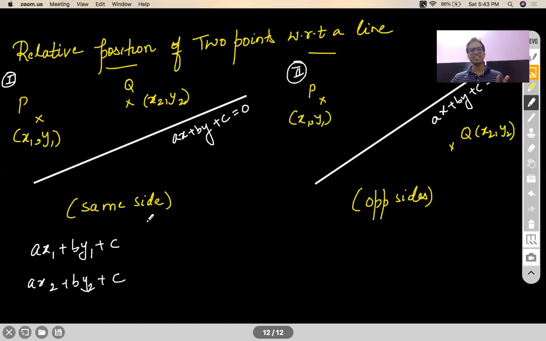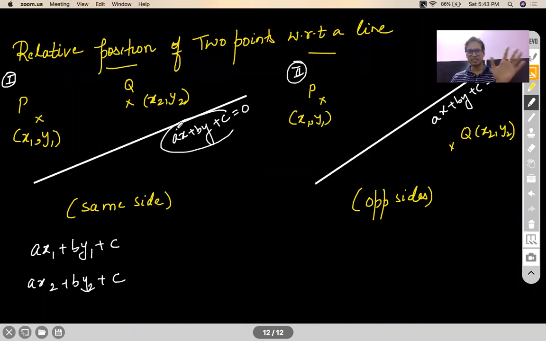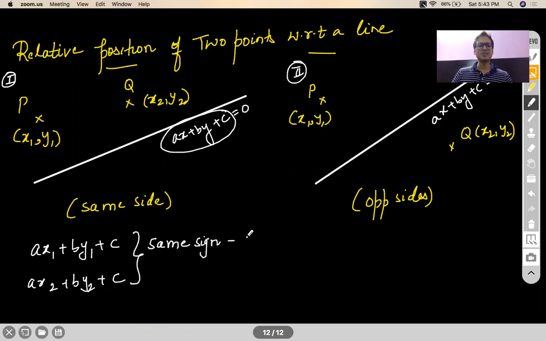So what he said, if you put x1, y1 in place of x and y, on this expression, not the equation, on the expression, you will get some number. Okay. Similarly, if you put x2, y2 in place of x and y, you will get another number. So what he's saying, if these 2 numbers are of the same sign, then it implies that P and Q are on the same side of the line.